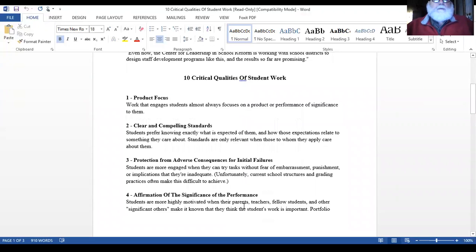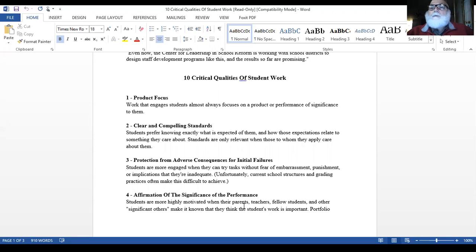Product focus: work that engages students almost always focuses on a product or performance of significance to them. It's not just busy work. There's a goal. There's a finish line, if you will. It's not just work for the sake of work. There is a project or performance or a product.